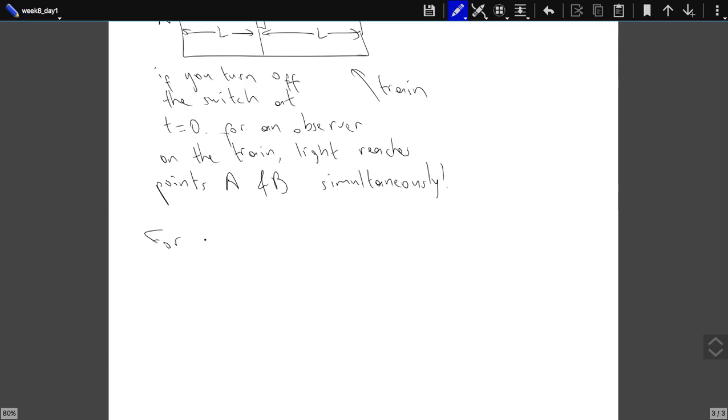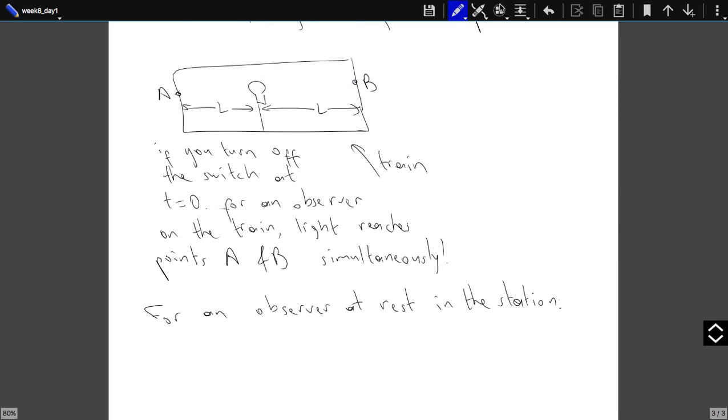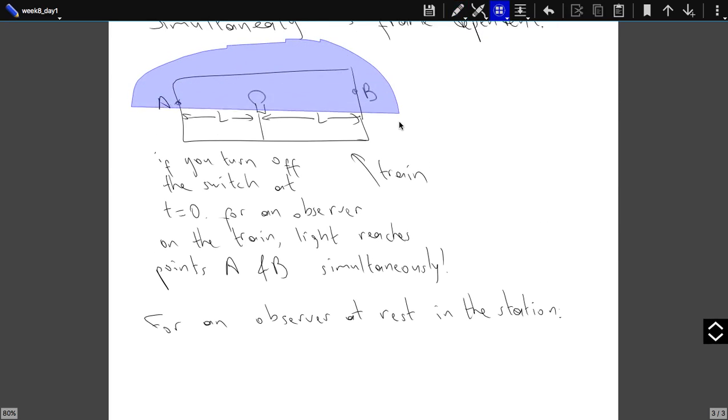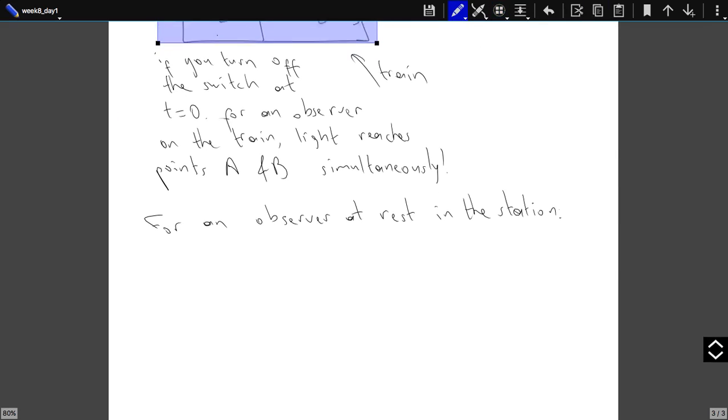Now, for an observer at rest in the station, take the same system.